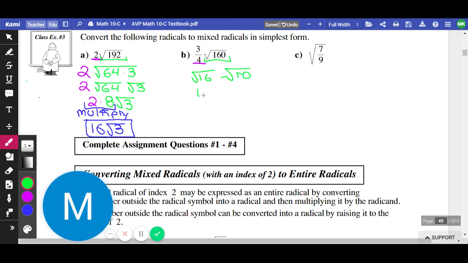That means I end up with 4 root 10. This guy, the 3 over 4, it's a coefficient. It still followed me all the way to the very end. So I have 3 divided by 4 times 4. Those are my 2 coefficients.